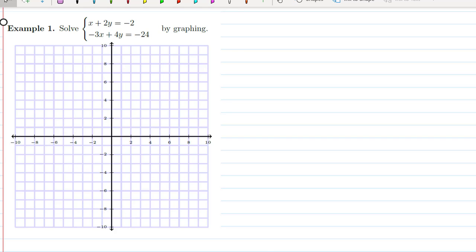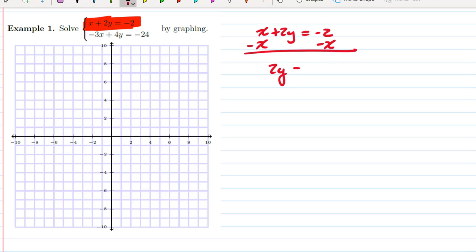The easiest way to graph a line is to write it in slope-intercept form. So if I have x plus 2y equals negative 2, I subtract x, I get 2y equals negative x, take away 2. Divide every term by 2, and I get y equals negative 1 half x, take away 1.